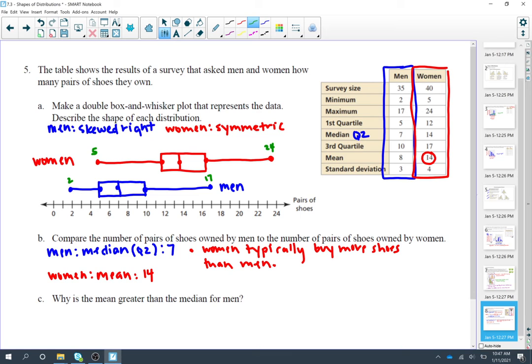So if I look at my spread for the women, 24 minus 5, well, they differ by 19 pairs of shoes, versus men go from like 17 to 2, which is 15 pairs of shoes.